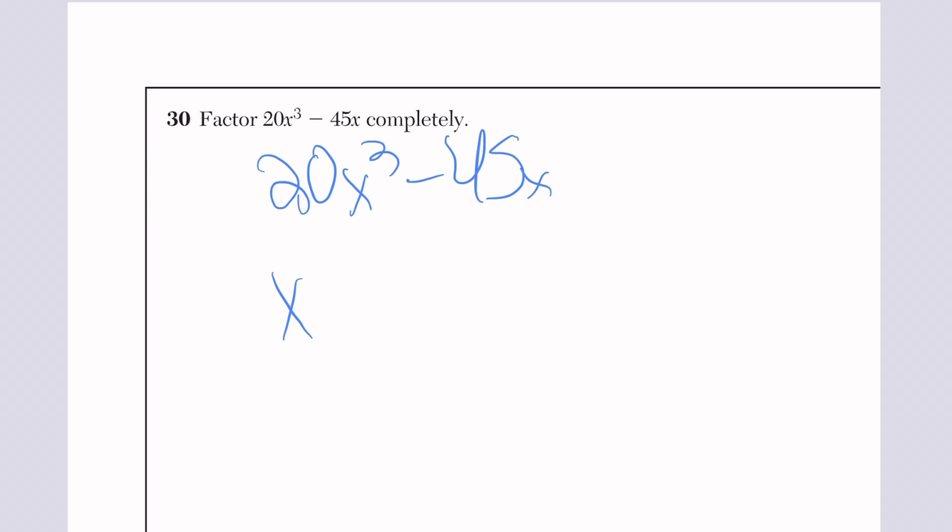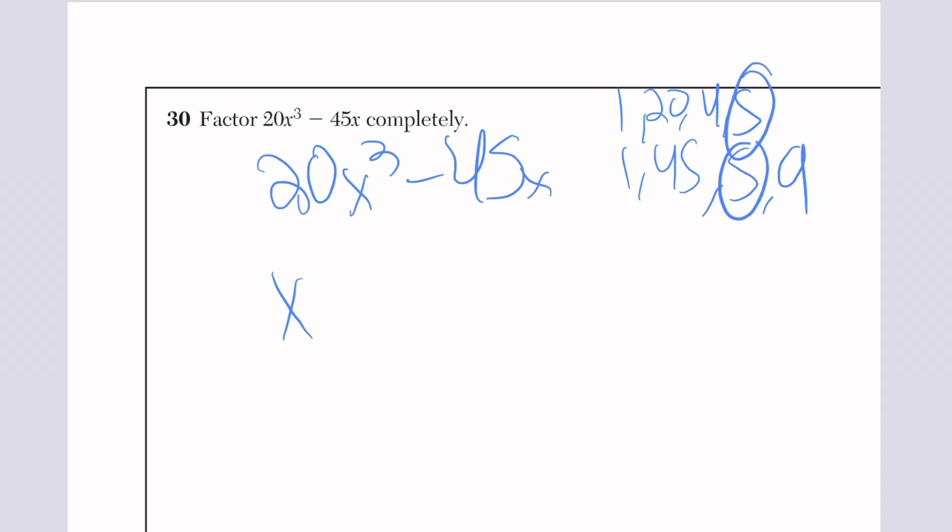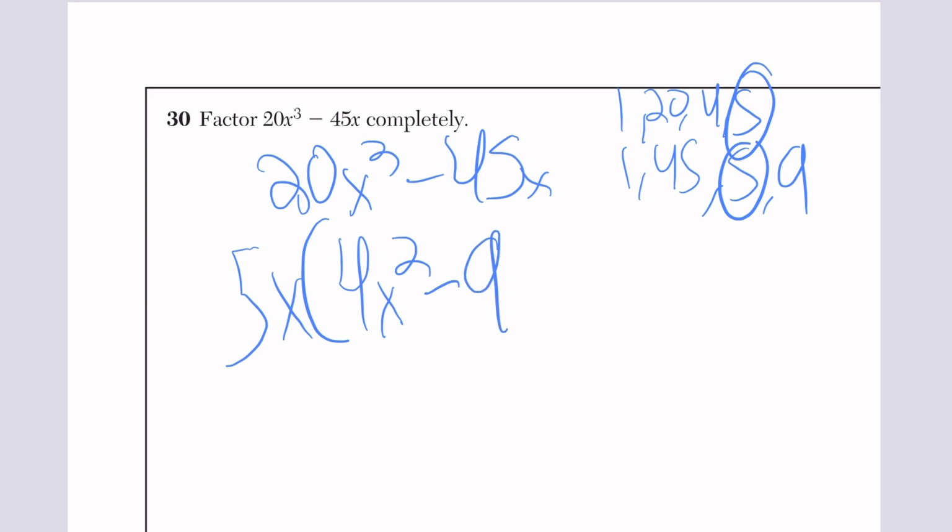It's going to be 5, because you have 1 times 20, 4 times 5, and then you have 1 times 45, and you also have 5 times 9. So 5x, this can be 4x squared minus 9.